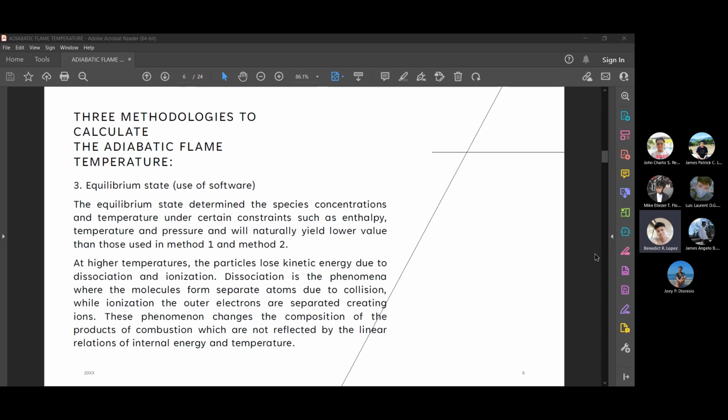Dissociation is the phenomenon where molecules form separate atoms due to collision, while in ionization the outer electrons are separated, creating ions. This phenomenon changes the composition of the products of combustion, which is not reflected by the linear relations of internal energy and temperature.